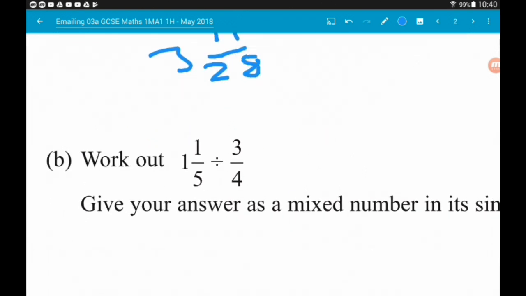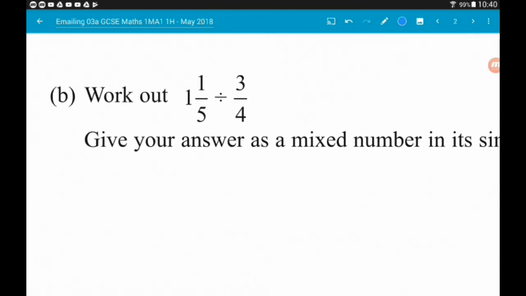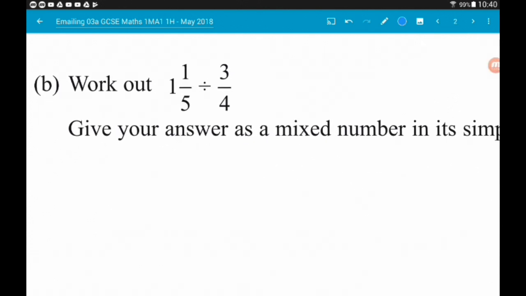Part B wants us to work out 1 and 1/5 divided by 3/4. We want to give our answer as a mixed number in its simplest form. The first thing we need to do is convert the mixed number into an improper fraction.